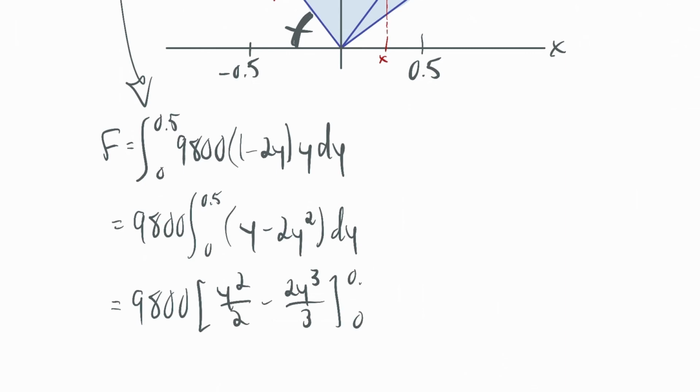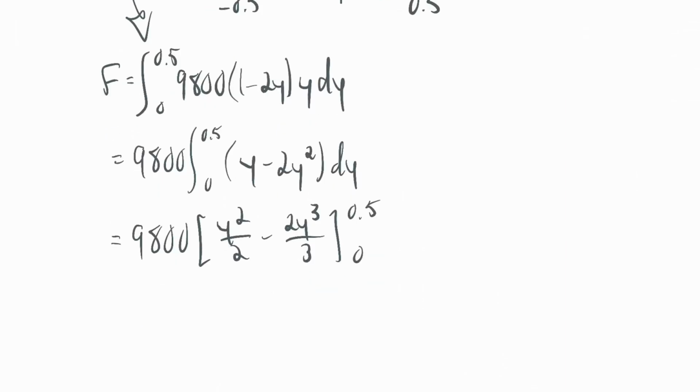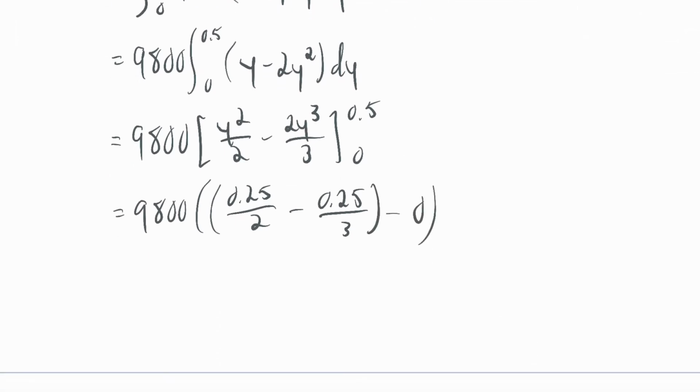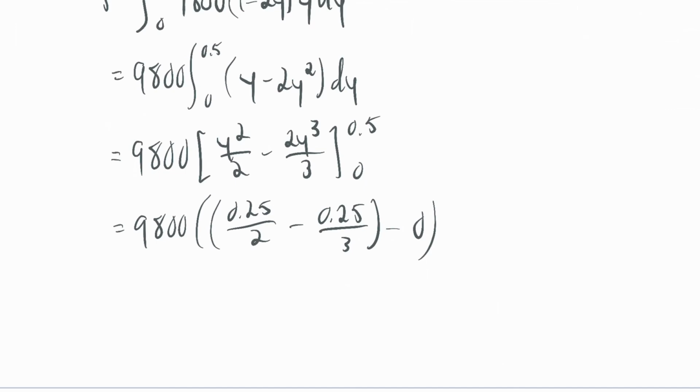Evaluating at 0.5, this will be 9,800 times 0.25 over 2 minus 0.25 over 3 minus 0. So that's going to be 0.75 over 6 minus 0.5 over 6, so 0.25 over 6.